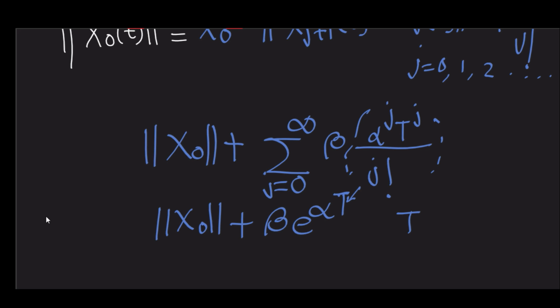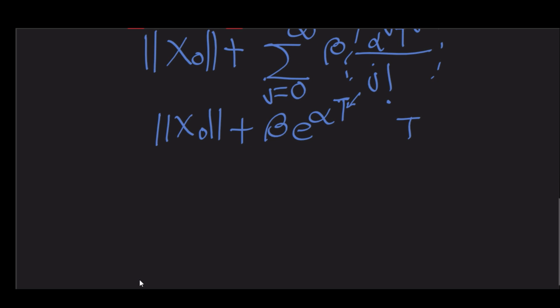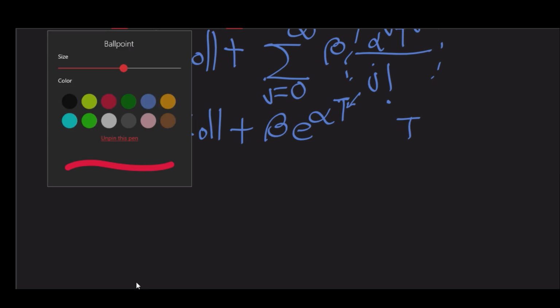So we have the proof that for a definite value of t, our solution does exist, and then we also figured out something that we call the state transition matrix.